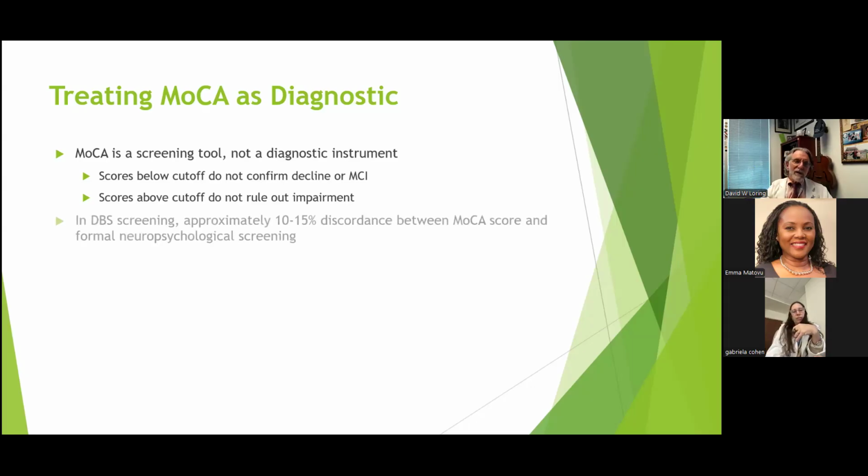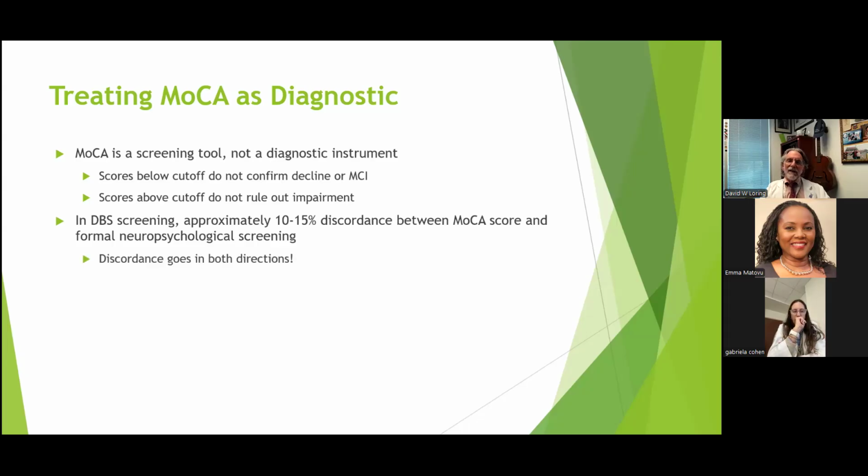In my experience, one of the things that I do here at Emory is participate in the evaluation of movement disorder patients for possible deep brain stimulation. The presence of cognitive impairment guides the candidacy in general, or also might guide where the electrode placement selection is made. In my experience, roughly 10 to 15% have a discordance between the MoCA screening score that we include in our protocol and the more formal, standardized neuropsychological evaluation.